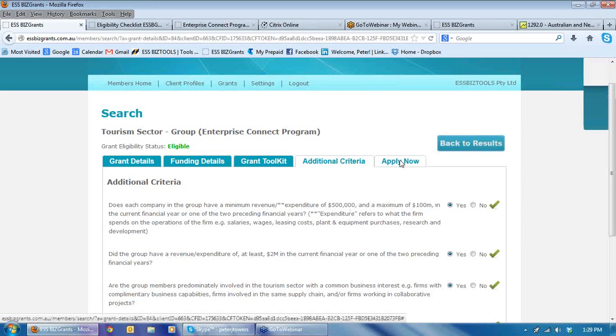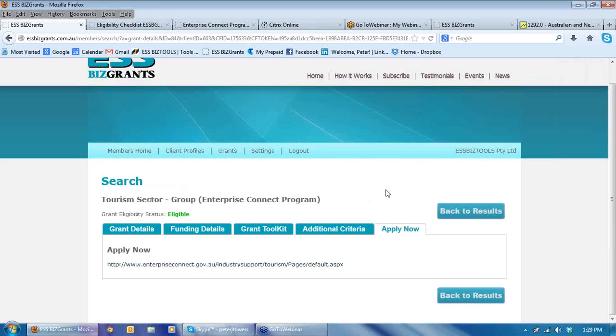If you wanted to apply, you click on apply now, and it only comes up once the eligible sign has been displayed. If you clicked on here, we would be going to the Enterprise Connect application form. So in each case, the displayed URL will take you direct to the application form for the grant. Let's go back to the results.